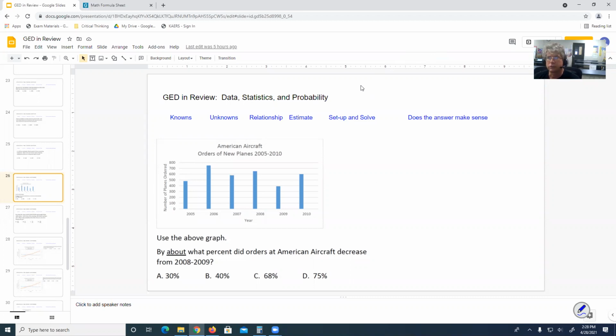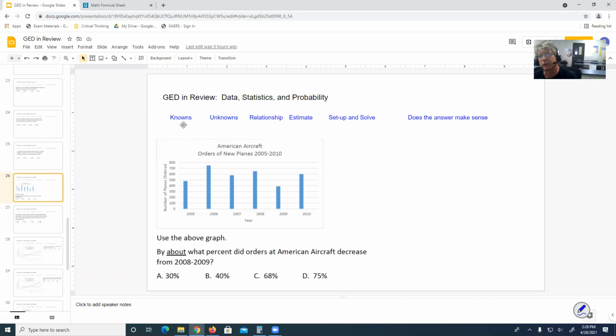I'm here to do a GED review, and this is going to be for the data, statistics, and probability questions. Again, the GED is more about math reasoning, so your reading ability is very important. And when it comes to data, statistics, and probability, you'll start to see a lot more graphical information.